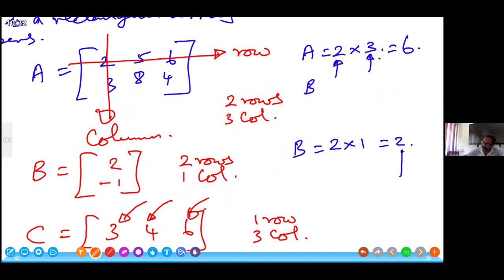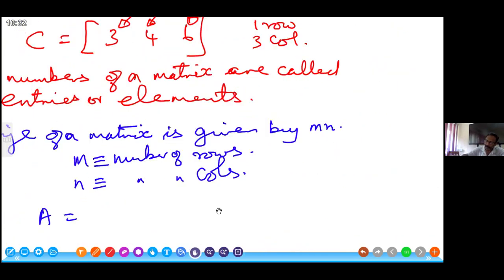So this number, 2 into 1, indicates the number of elements or entries.